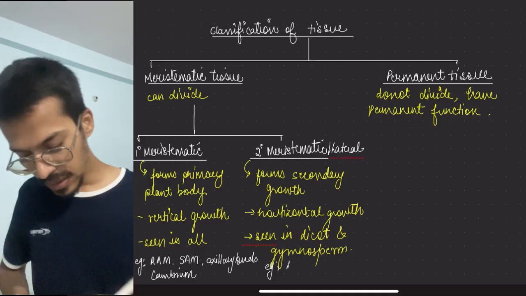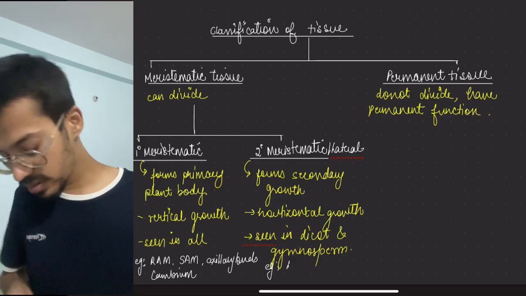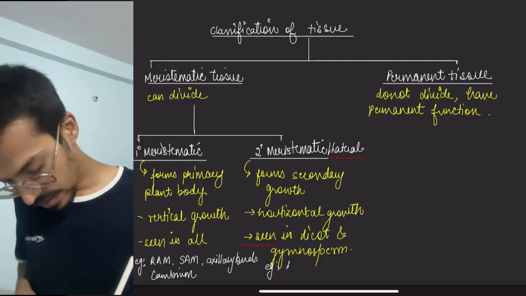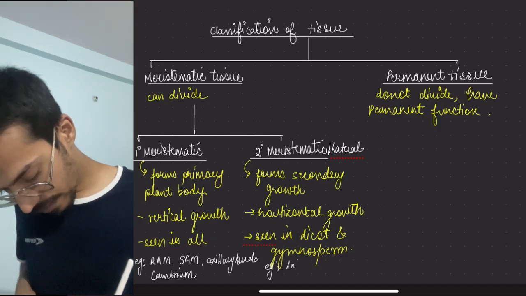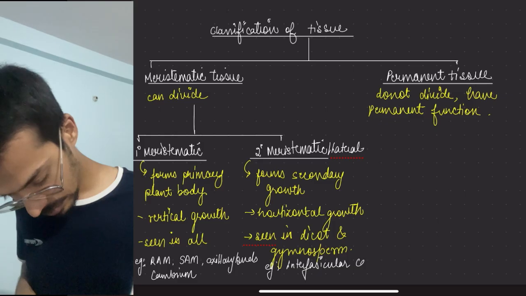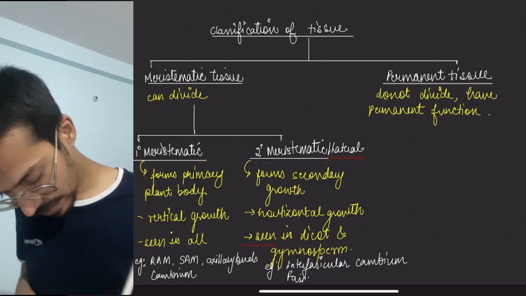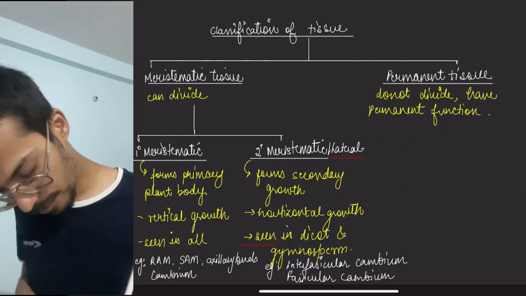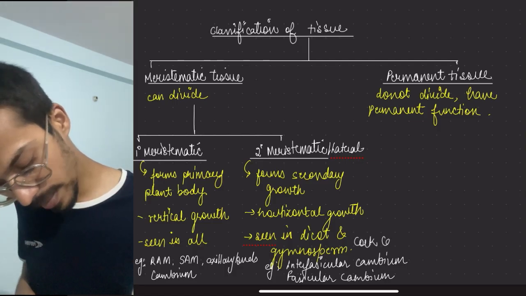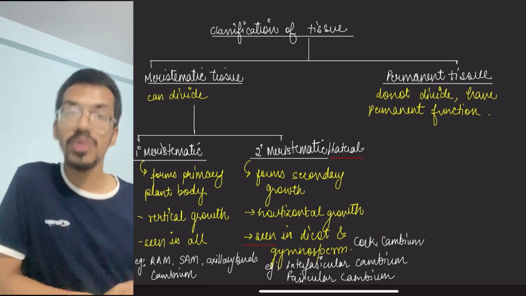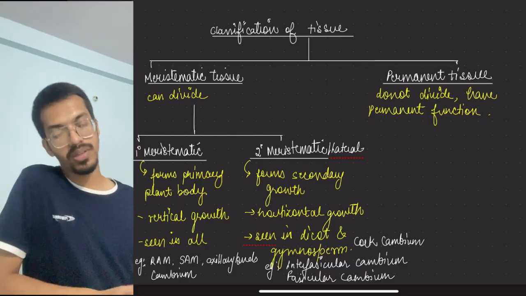Certain examples, not all the examples, are interfascicular cambium, fascicular cambium, and cork cambium. These three you have to remember.